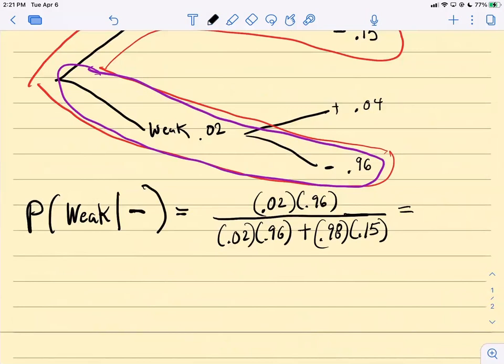So just calculating this, 0.12, which is really low.